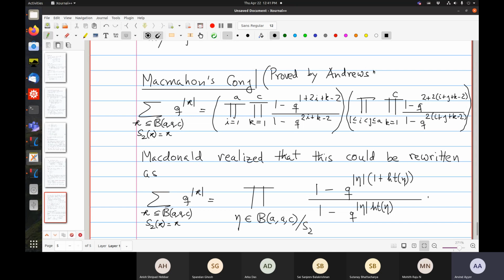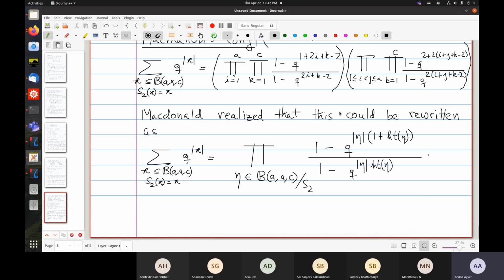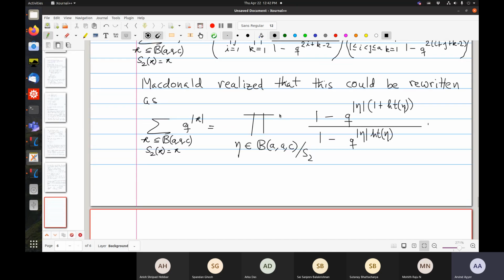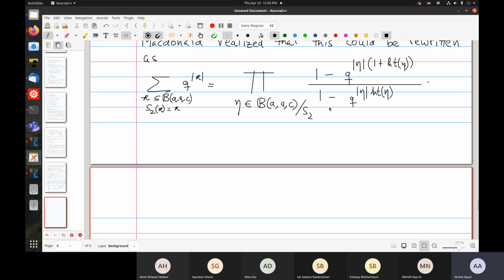So this was proved by Andrews in 78 and by Macdonald in 79. Again, one of those coincidences. So Macdonald wrote it this way.